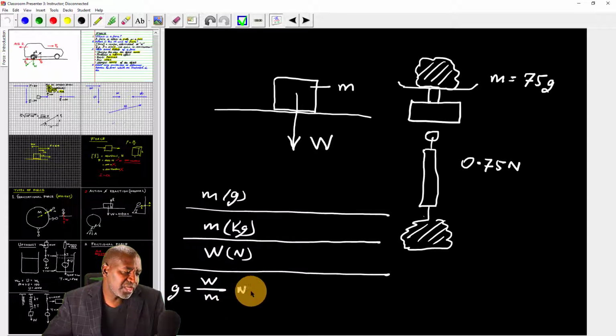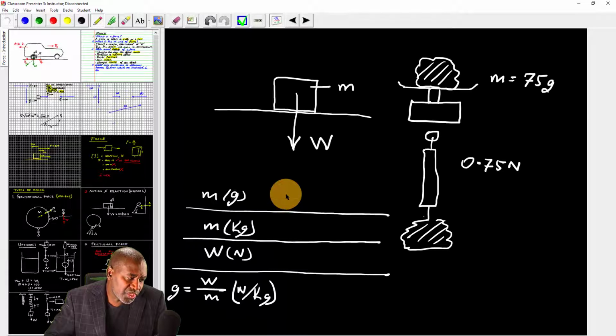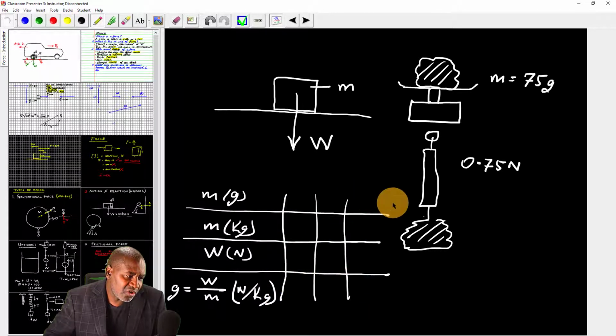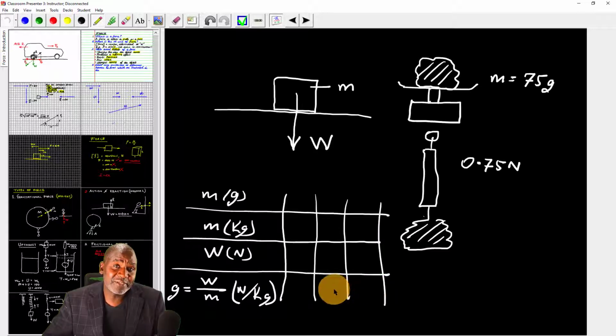Its unit will be newton per kilogram, because we know weight is in newtons, mass is in kilograms. Do this with several different objects. You will discover that this ratio is approximately 10.